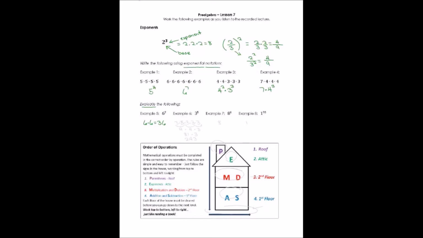Example number 6, we're going to have to write 3 5 times. 3 times 3 times 3 times 3 times 3. Now, when I multiply 5 3's, I have to really think about it. I would probably multiply 3 times 3 and get 9, and then multiply 3 times 3 again and get 9, and then I'm going to multiply that 9 times 3.